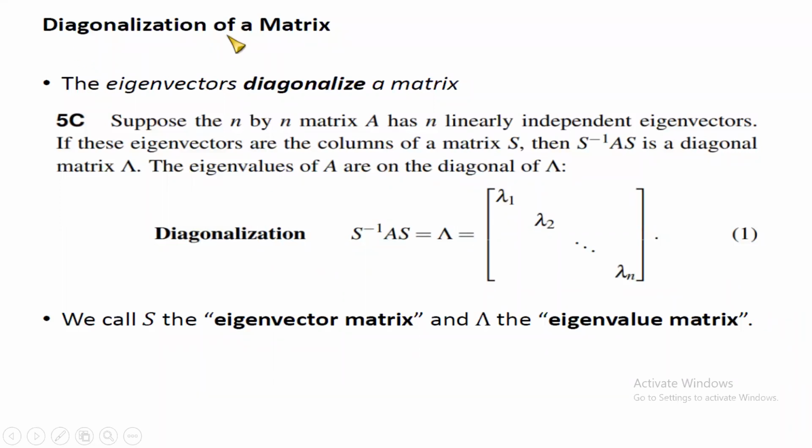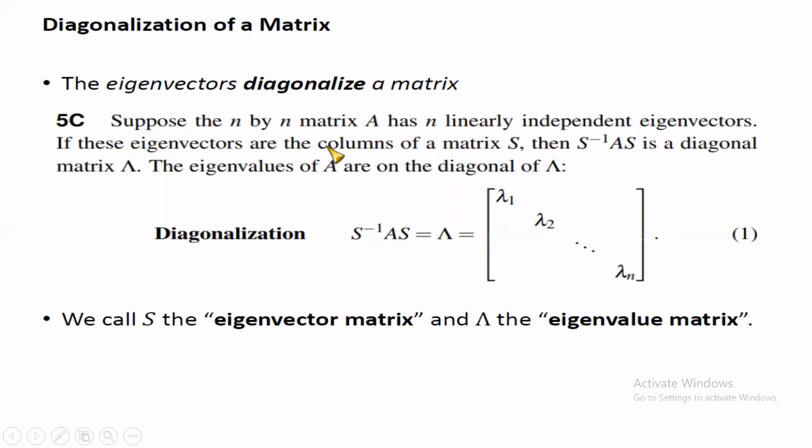Diagonalization of a matrix: generally we say that the eigenvectors will diagonalize a matrix. The way in which we do it is, suppose we have an n by n matrix A and it has n linearly independent eigenvectors. This is rather important: linearly independent eigenvectors.